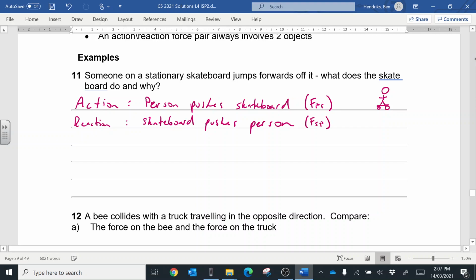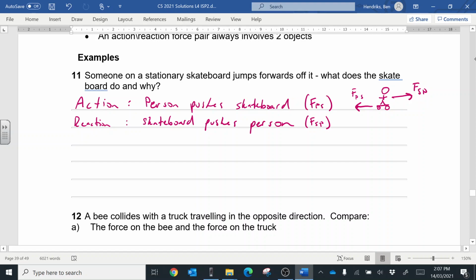So the person is pushed forwards by the skateboard and the skateboard is pushed backwards by the person. So the person must push the skateboard backwards in order for them to go forwards. Okay, so they're the action-reaction pairs.